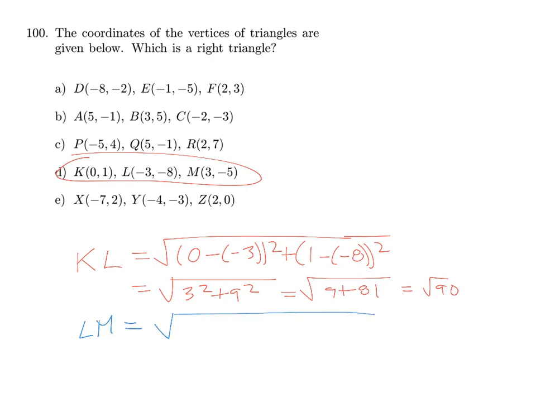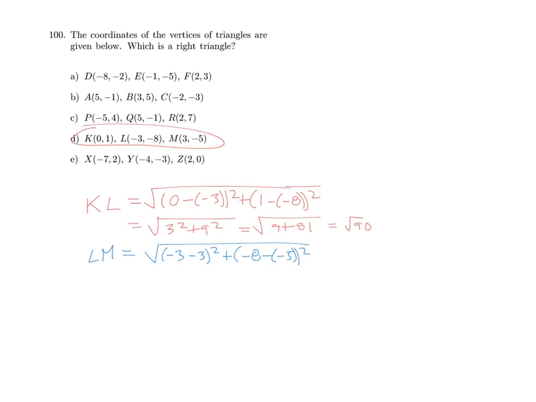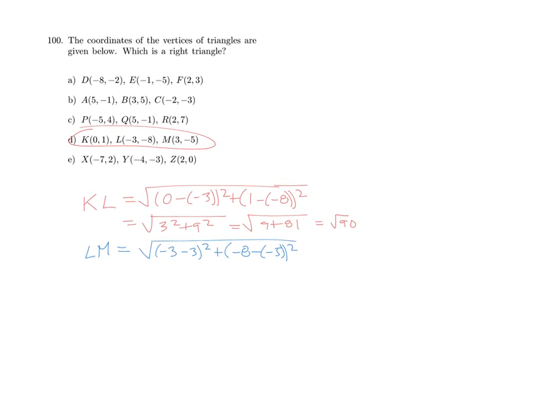which is the square root of -3 minus 3 squared plus -8 minus -5 squared. Then I have -6 squared plus -3 squared, which gives me 36 plus 9, which gives me 45.